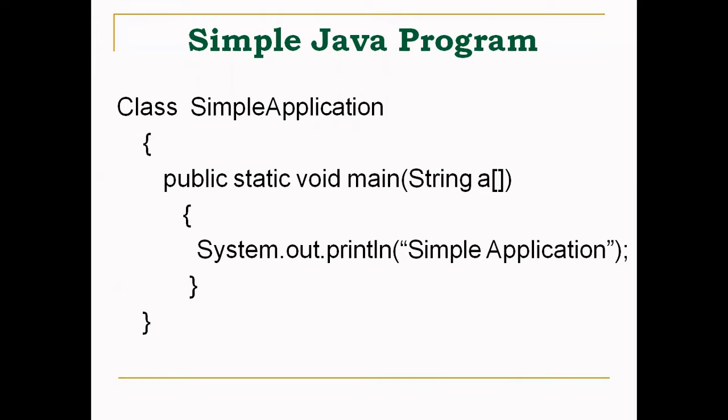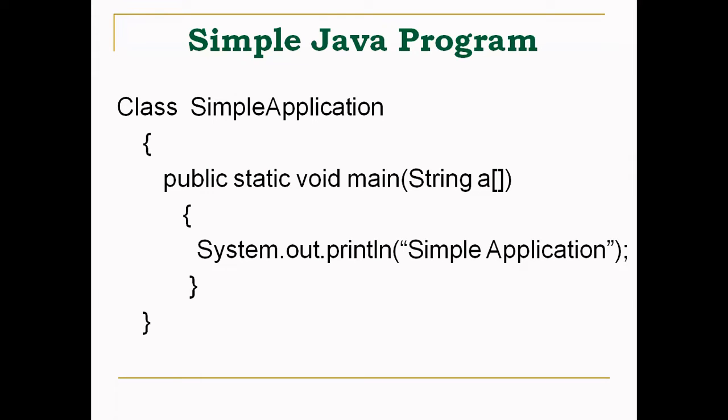Java supports two types of methods: instance and static. Instance methods are related to objects. Static methods are related to the class.